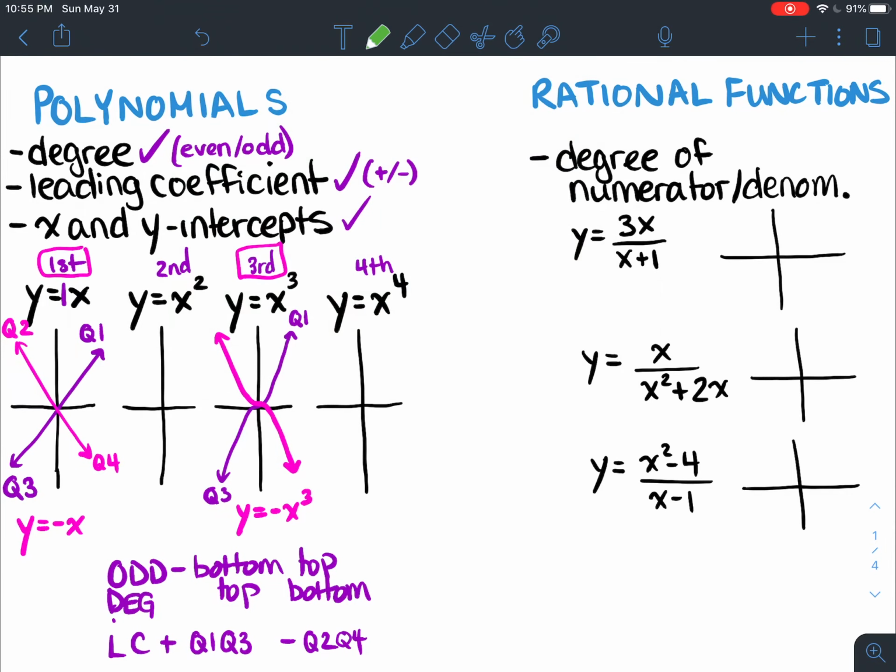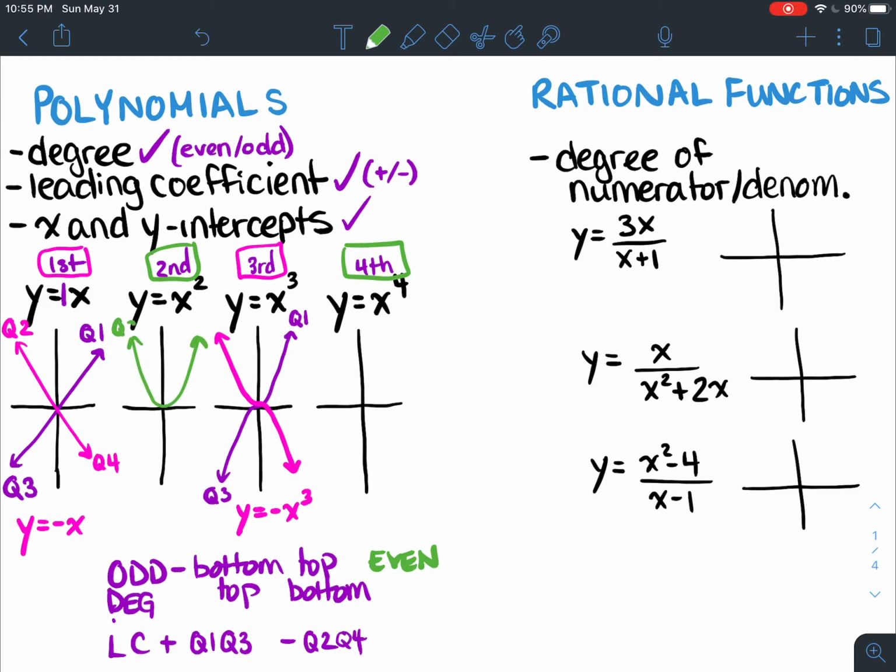Now let's say we're going to look at even degree polynomials. So like this one is even, and this one is even. Okay, so it turns out even degree polynomials are going to start and end in the same, like top of the graph or the bottom of the graph. So we know x squared is a parabola that looks like this.